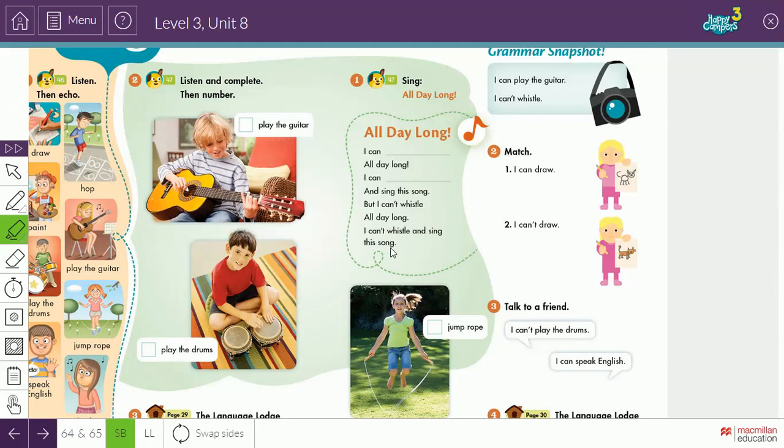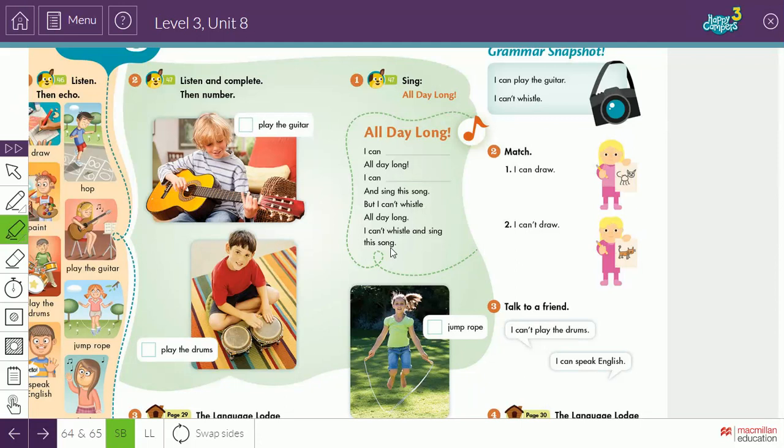For example, I can speak English, but I can't speak Spanish. For example, Ayman can speak French, but he can't speak Chinese. Hussam can speak Arabic, but he can't speak Japanese. He can't speak Japanese, sorry.